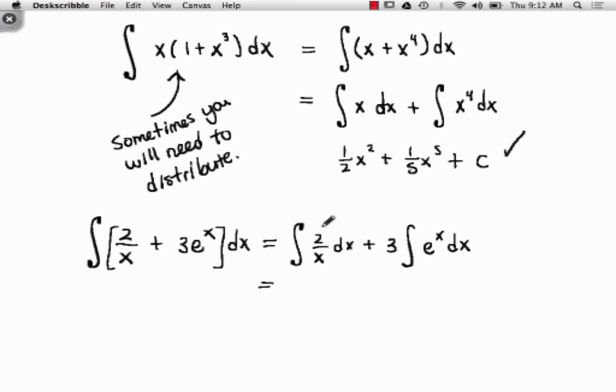But even this 2 right here, I can pull that 2 out to the front. So this is 2 times the integral of 1 over x dx plus 3 times the integral of e to the x dx.